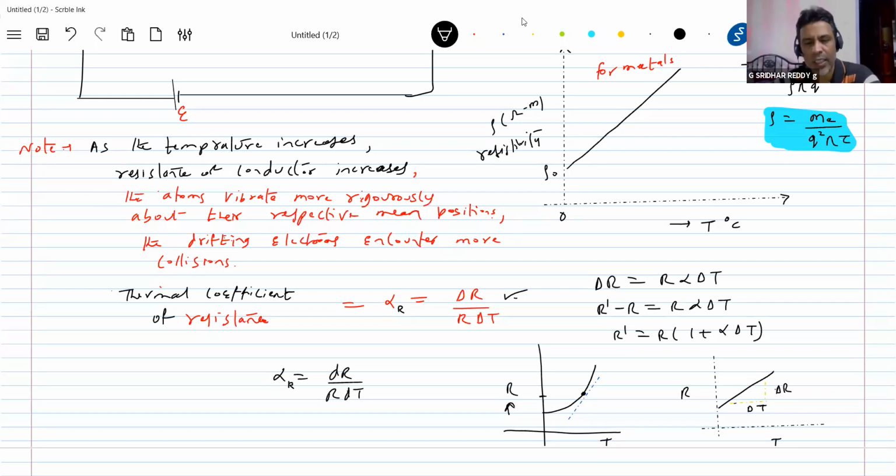So we are expressing that theoretically; when we checked all the equations, finally we got here. Can I also write this in terms of rho? Yes, we can also write alpha equal to delta rho by rho into delta T. That's the basic form, the first equation I brought.